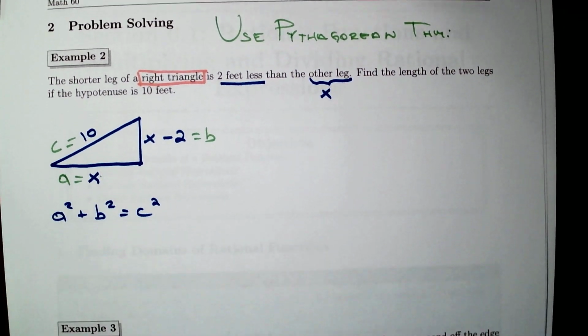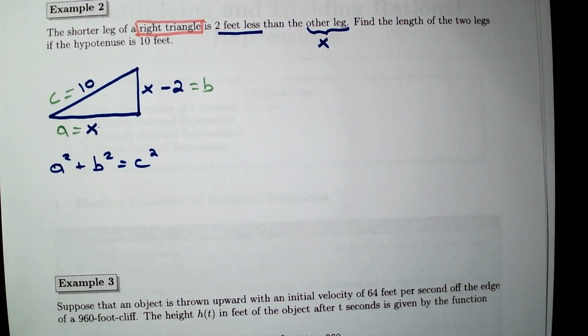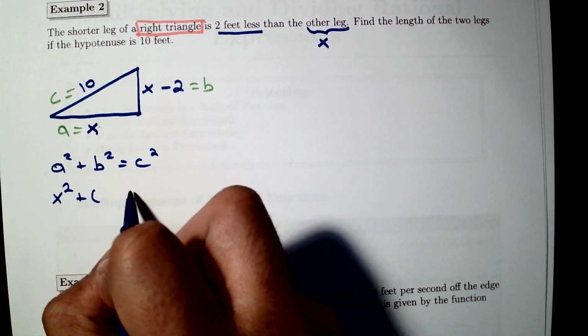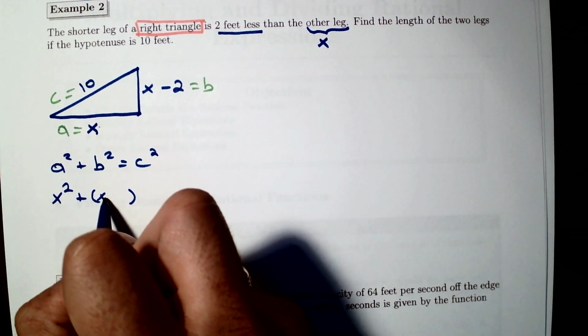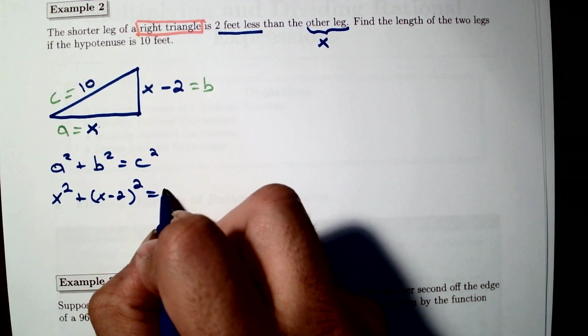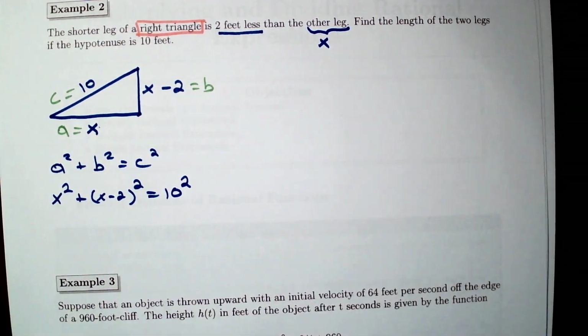All right. Now let's put everything in the Pythagorean Theorem formula. So A in this case is x, so that's going to be x squared plus the quantity B, which is going to get squared, x minus 2 squared equals the quantity C, which gets squared as well. That is 10 squared.